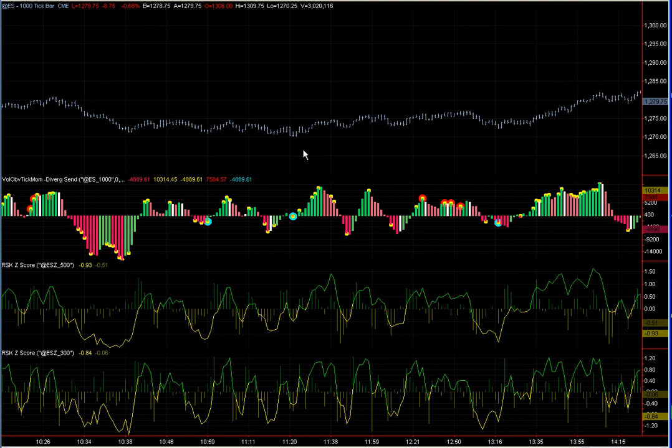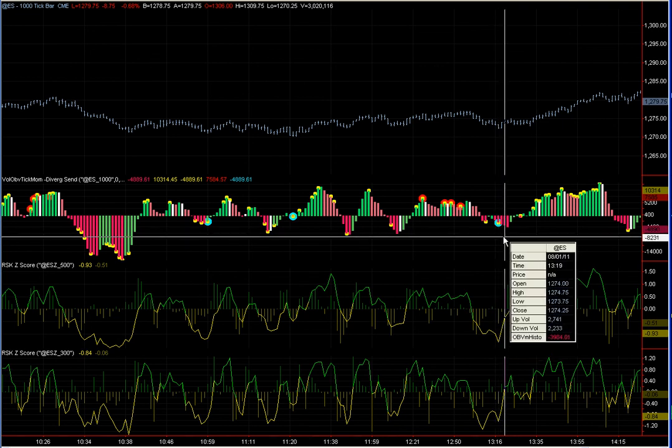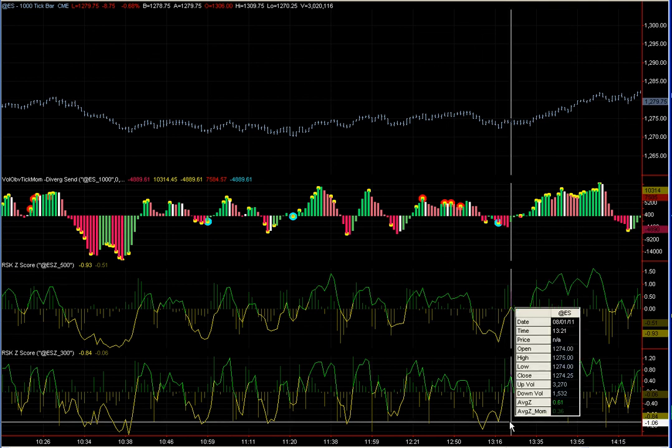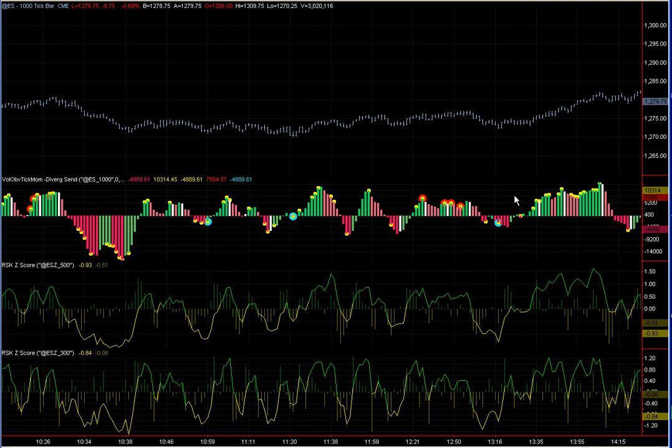That's one way to do it. Now here are the cyan colored bars again. The z-score drops, then the z-score on the 300 tick moves above the zero line. Another long trade there.